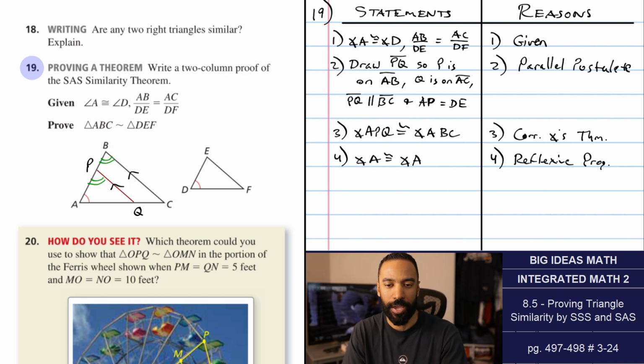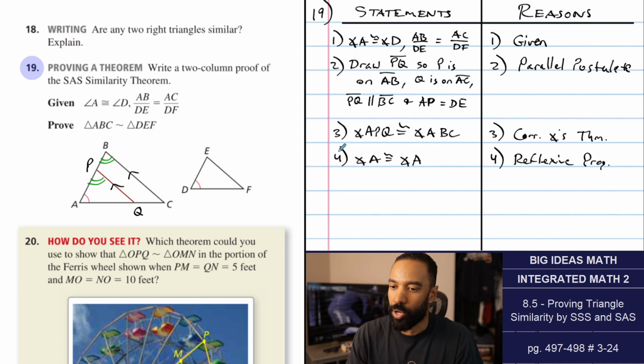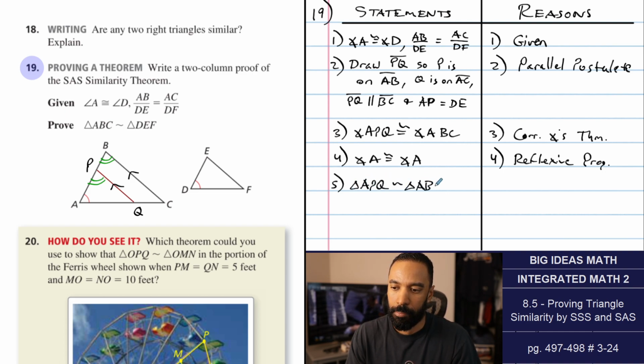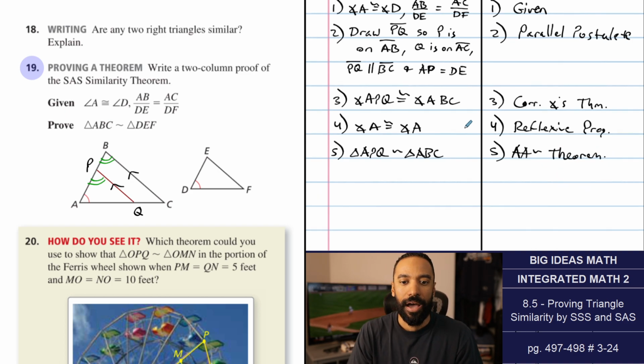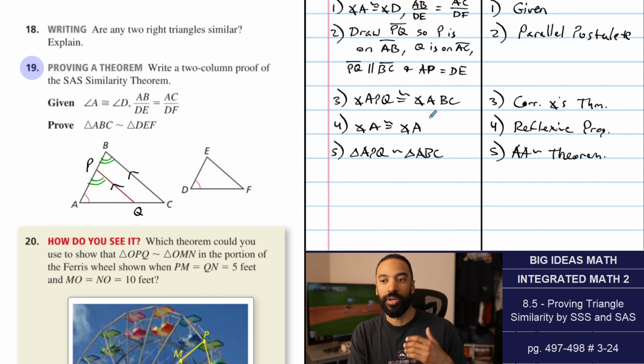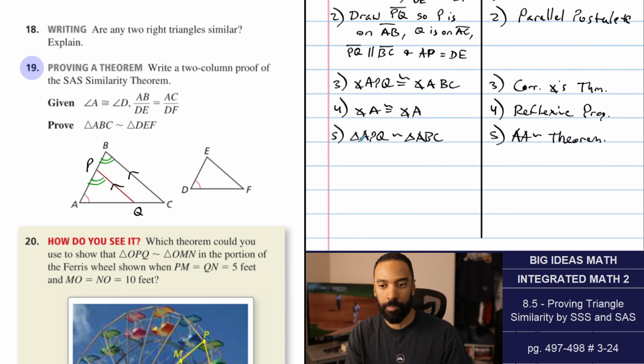So triangle APQ is similar to triangle ABC by angle-angle similarity. I know that was part of the last section, but it's what we do. Now that we have that, we know corresponding side lengths are proportional.